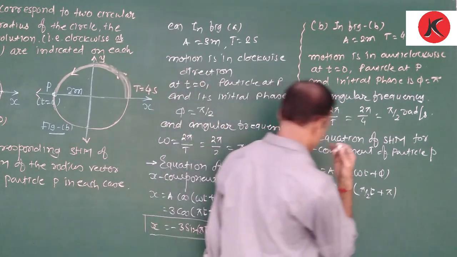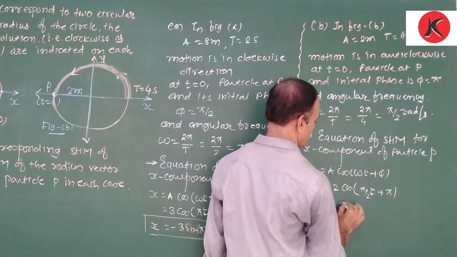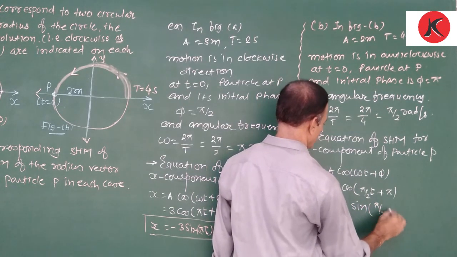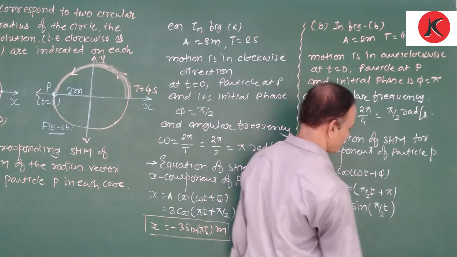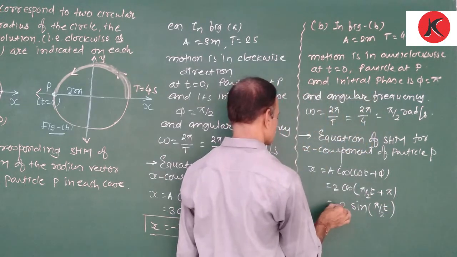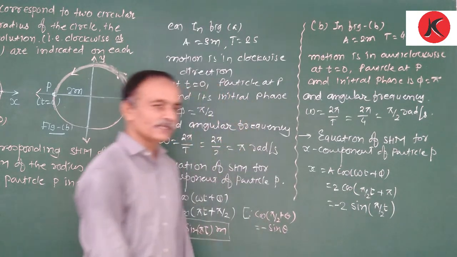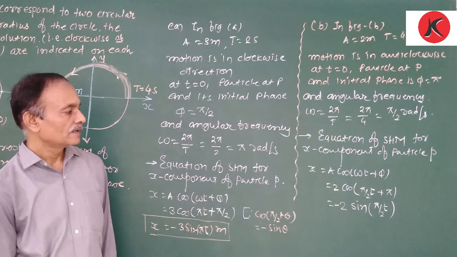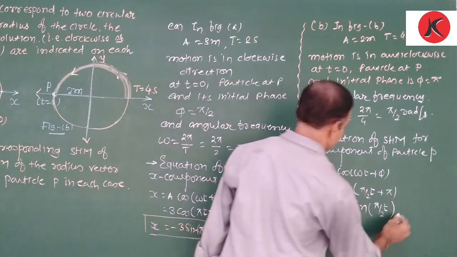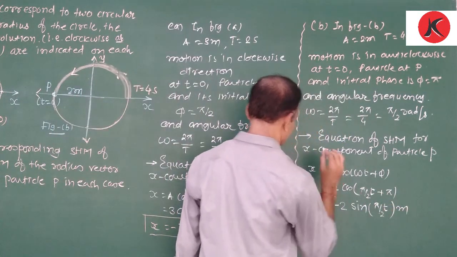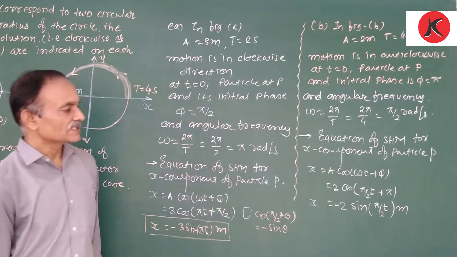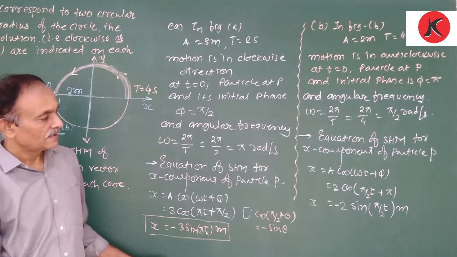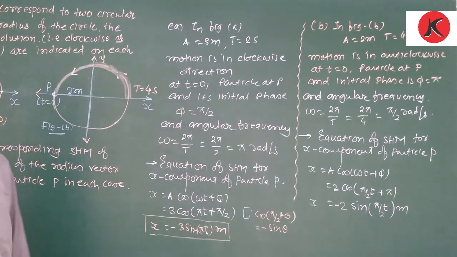Therefore, it is minus 2 sin pi by 2 into t, in meter. X is equal to minus 2 sin of pi by 2 into t, in meter. Clear?